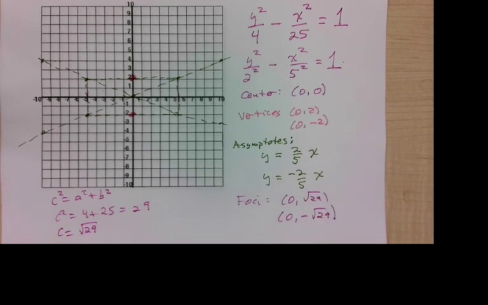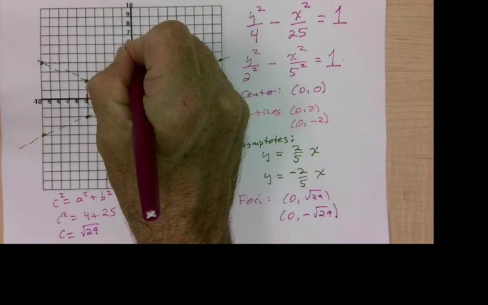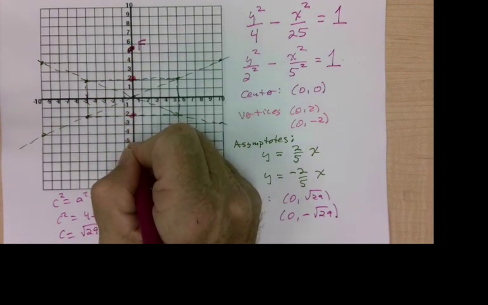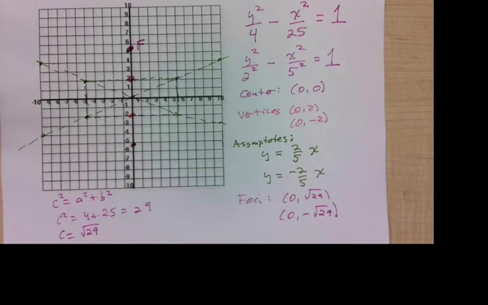Now root 29 is just a little bit more than 5, so I will go ahead and label my focus approximately a little bit more than 5. And then we're going to go ahead and draw our hyperbolas, and they have to go around the asymptotes, engulf the asymptotes.